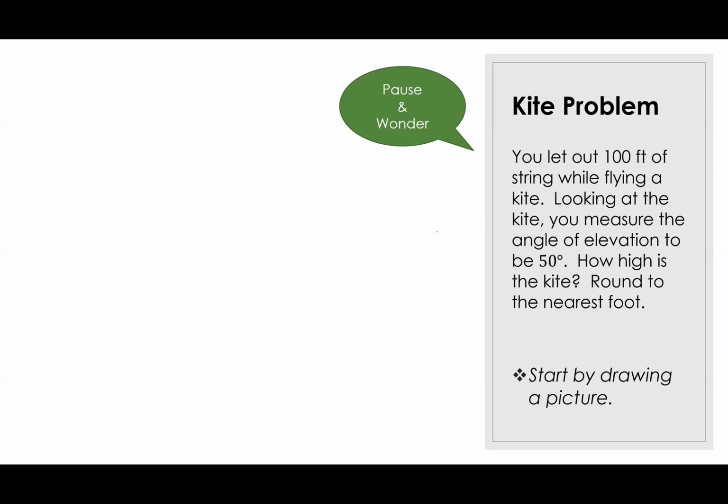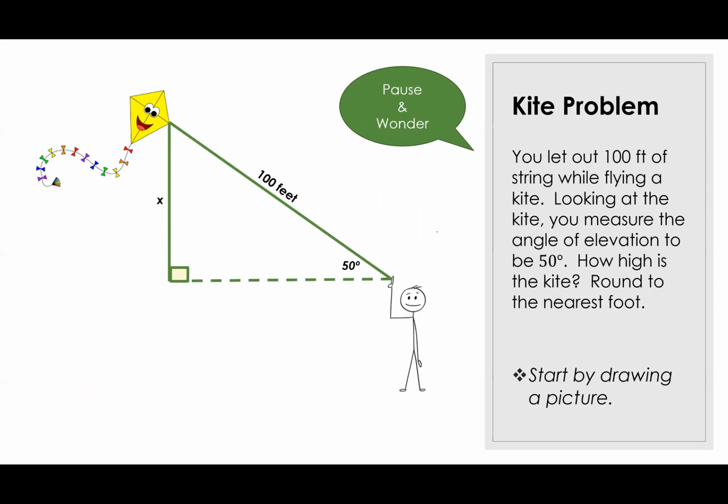The question is, how high up is the kite? Round your answer to the nearest foot. You want to pause and start with drawing a picture of what's happening. All right, once you have drawn the picture, does your picture look something like this?